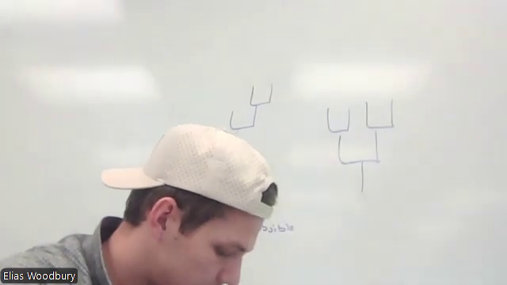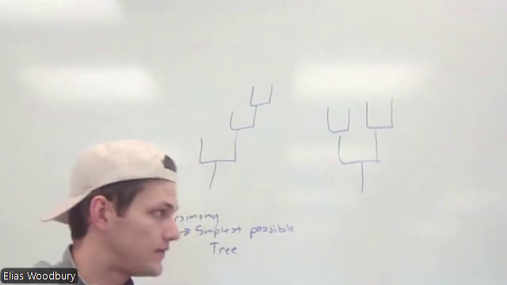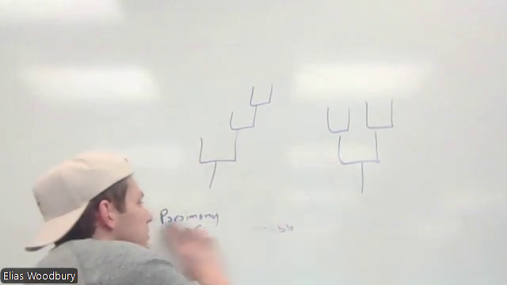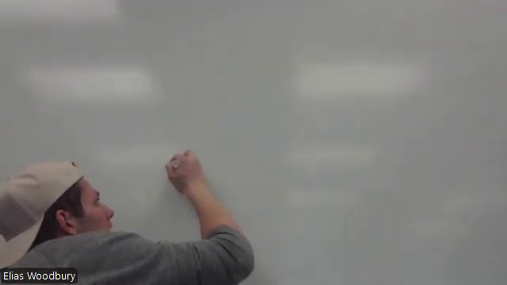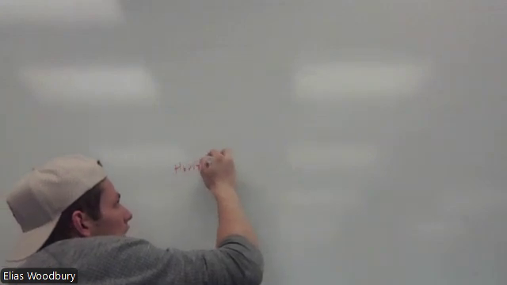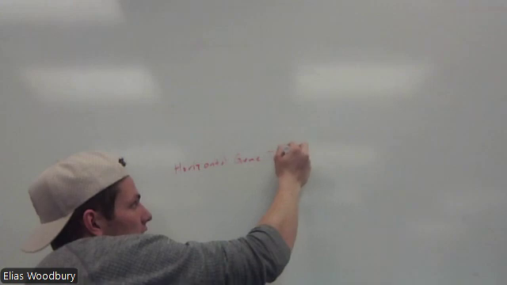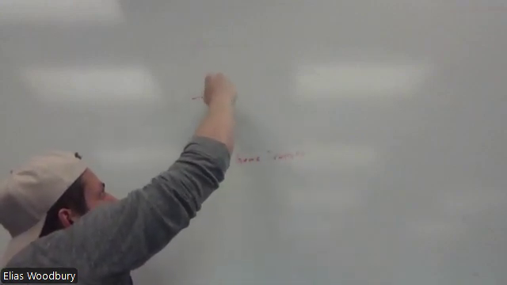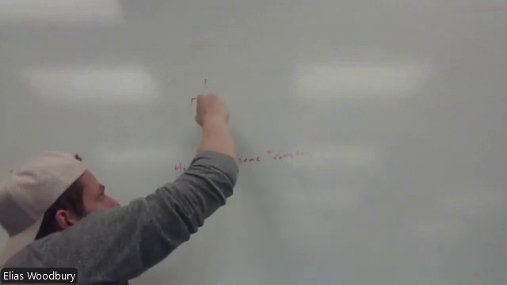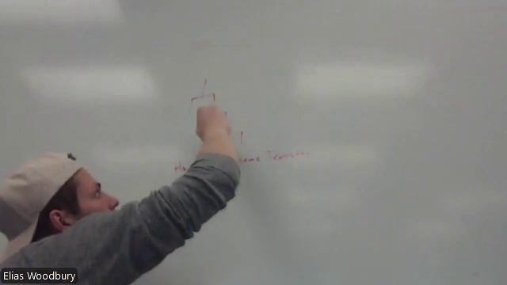Other than that, a lot of phylogenetics. We do need to talk about horizontal gene transfer. We'll mention that briefly. Horizontal gene transfer is basically when we take a phylogenetic tree, so, right, usually descendants just go down, like that, right?